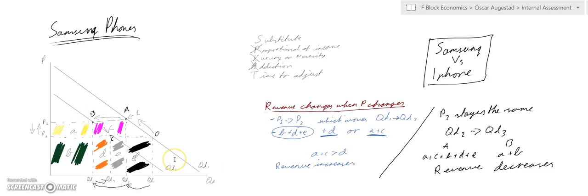This whole situation deals with a term called SPLAT. They don't deal with all of them, where the S is substitute, P is proportion of income, L is luxury and necessity, A is addiction, and T is time to adjust. This problem does not deal with all of those, but it most certainly deals with the term of substitute, where, for example, an iPhone can be a substitute for Samsung.